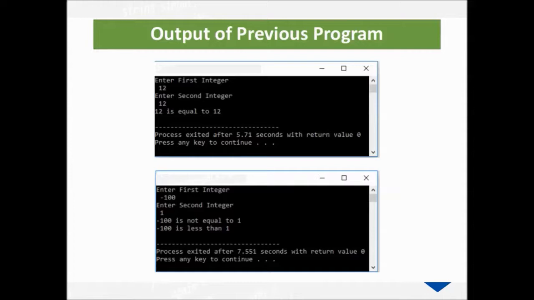Then only two if conditions, num1 not equal to num2 and num1 less than num2, become true, and the statements under these two conditions execute, and all other if statements become false. So it prints on the screen -100 is not equal to 1, -100 is less than 1.